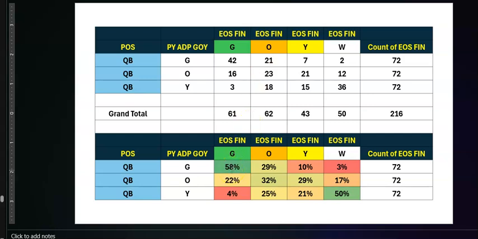So if you convert by percent, it's 58% and 29%. So overall, a green top 12 quarterback should be expected to be out only 3% and 25th or worse, 10%.